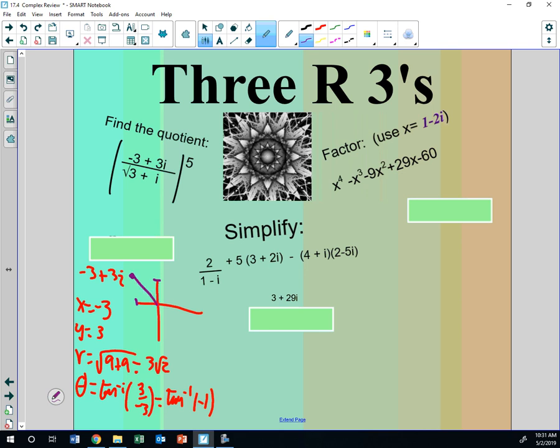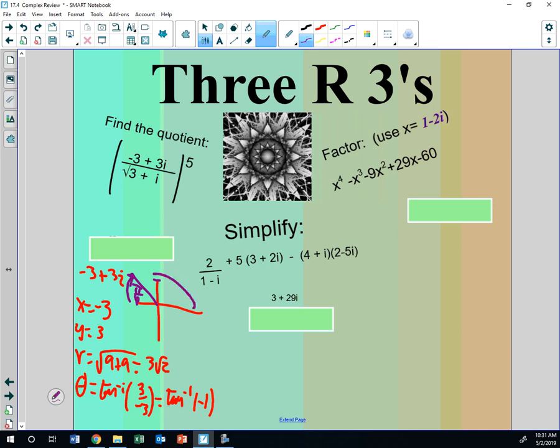So inverse tangent, which is that, 1 or negative 1? I'm sorry, I said that poorly. Inverse tangent of 1 is at pi over 6, pi over 3, or pi over 4? Pi over 4. So there's some pi over 4 involved here, and that's going to be from here up to here.